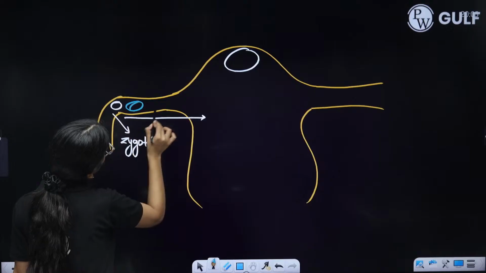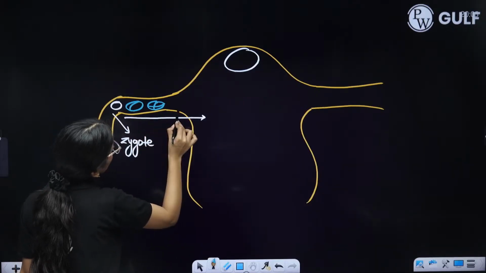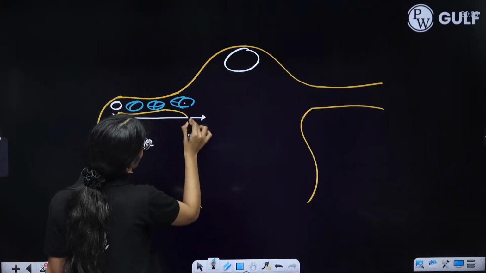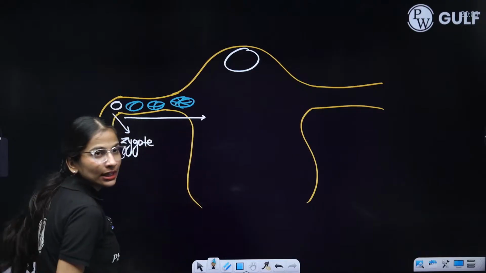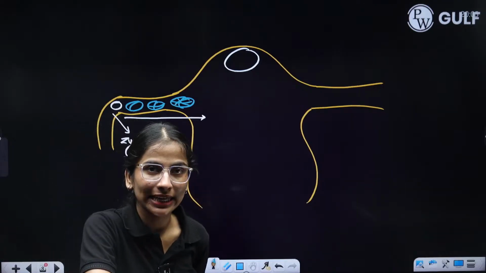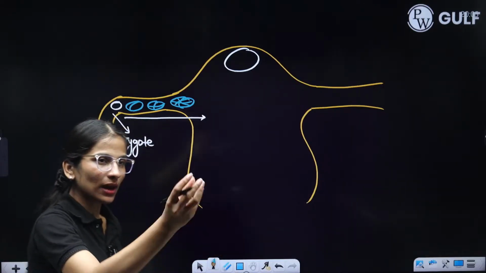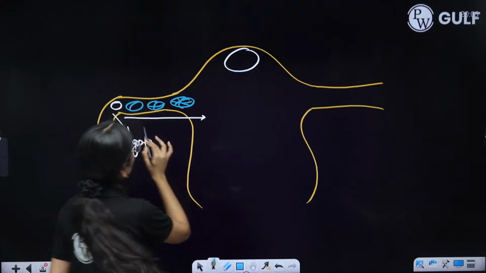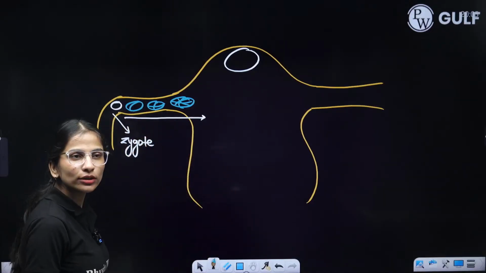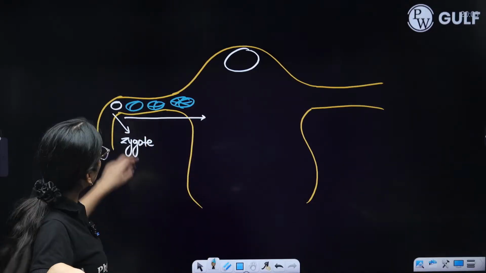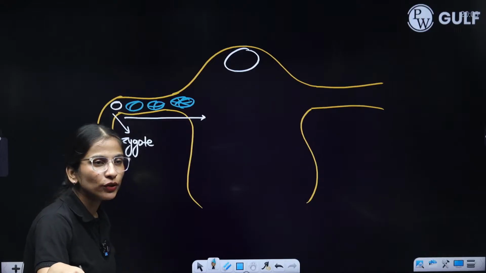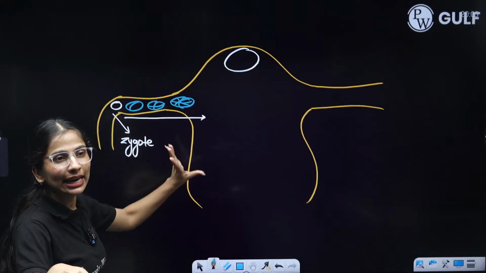Cleavage is basically cellular division without increasing the cytoplasm. Hence the daughter cells' cytoplasm keeps decreasing. For example, here the entire cytoplasm was present in one single cell. Now the entire cytoplasm is shared in two, then in four, then in eight.